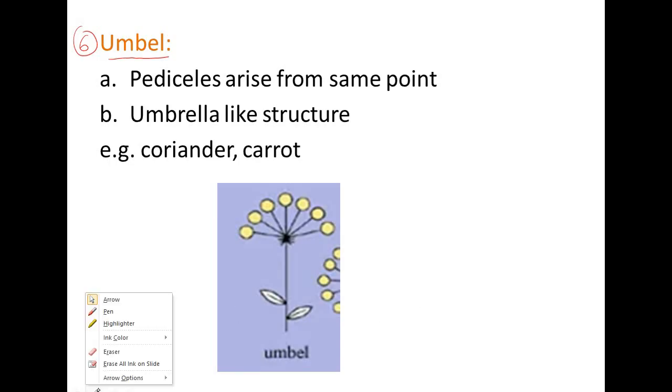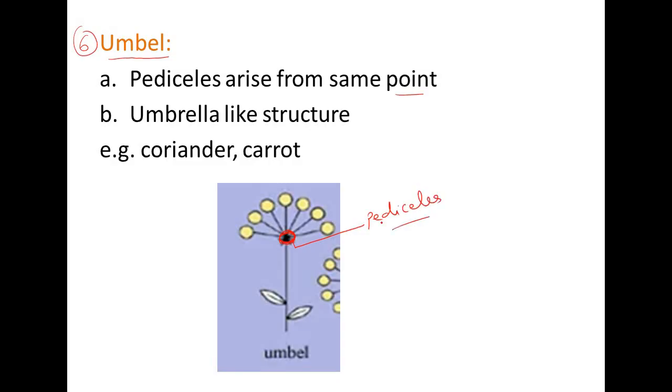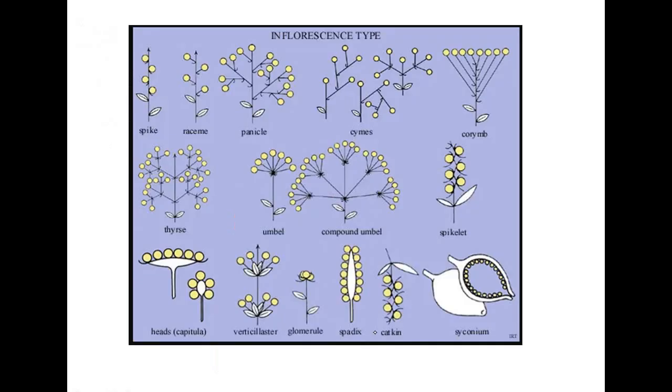Every pedicel arises from the same point. This is the pedicel, an umbrella-like structure like this. Examples are coriander and carrot. This is umbel racemose inflorescence.